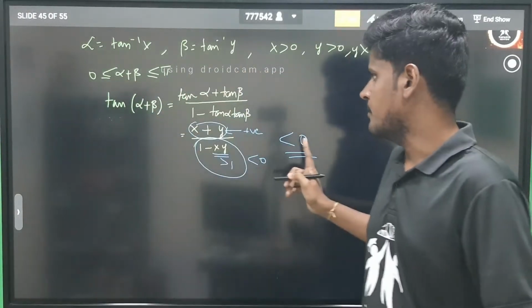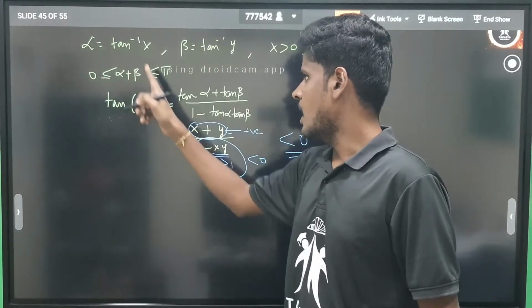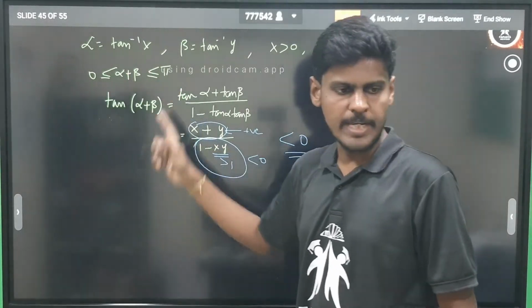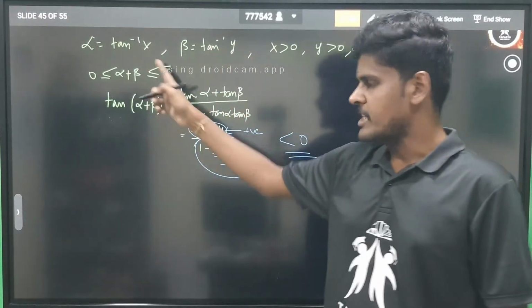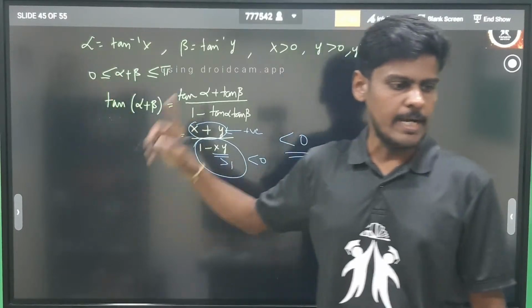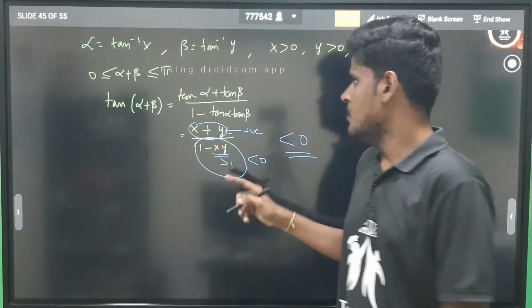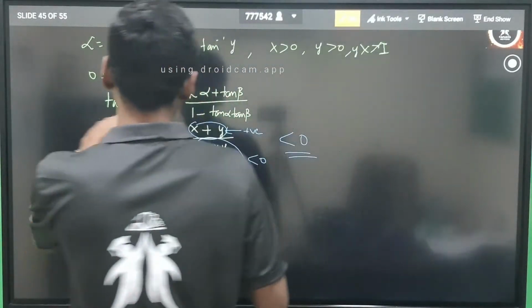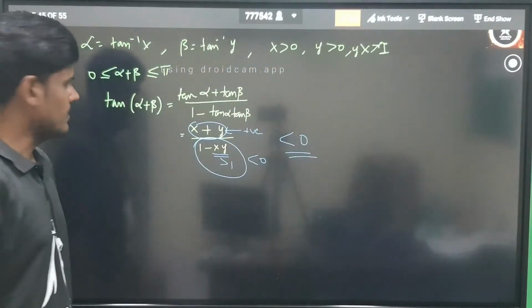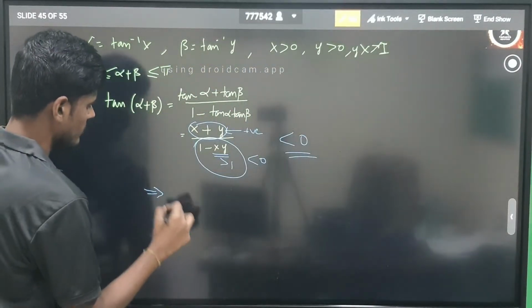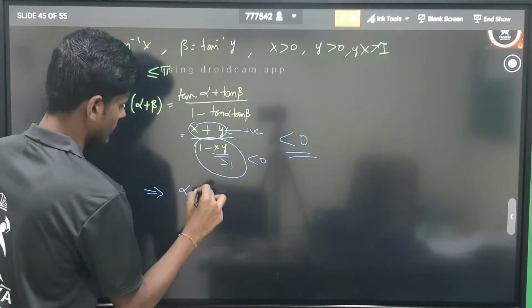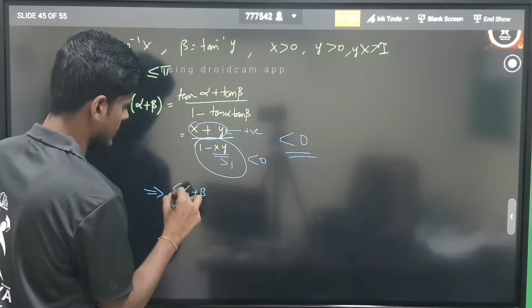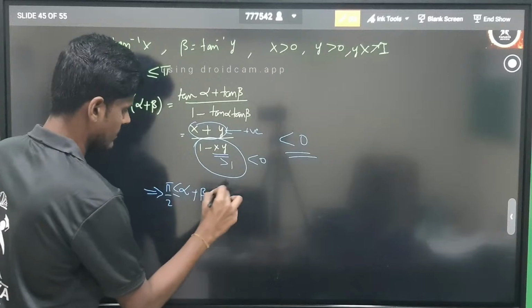When tan is negative, with alpha plus beta between 0 to pi: in the first quadrant tan is positive and in the second quadrant tan is negative. The final answer is negative. So tan of alpha plus beta is in the second quadrant, which means alpha plus beta lies between pi by 2 to pi.